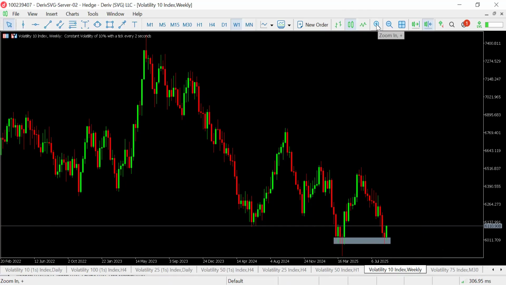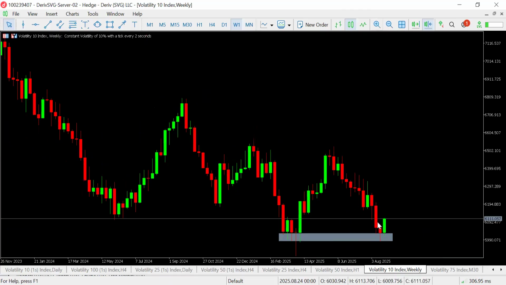Now, how do I mean? If we look closely at the most recent candle on the weekly time frame for this trading week, we can see a big bullish engulfing candle here.